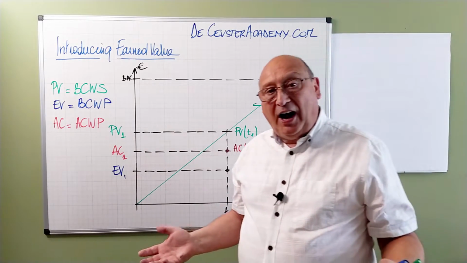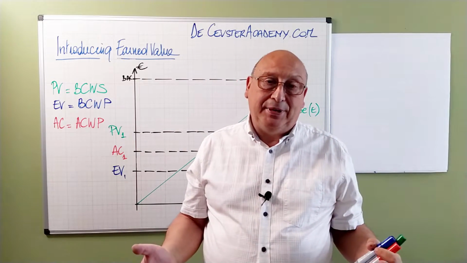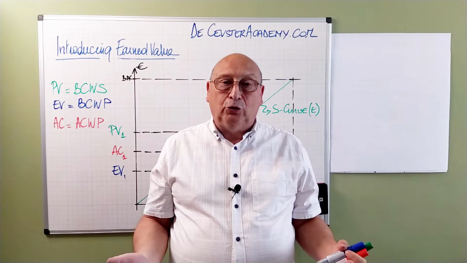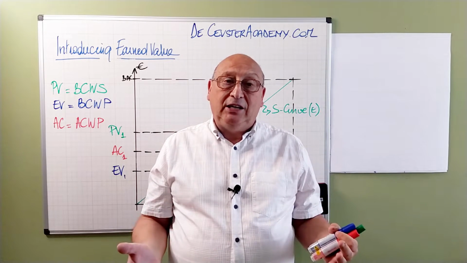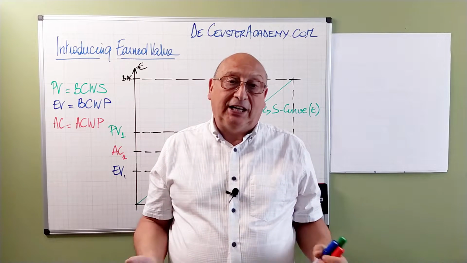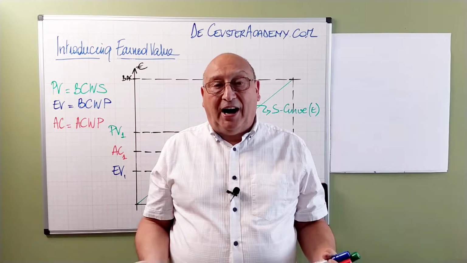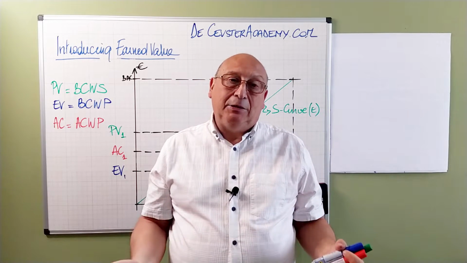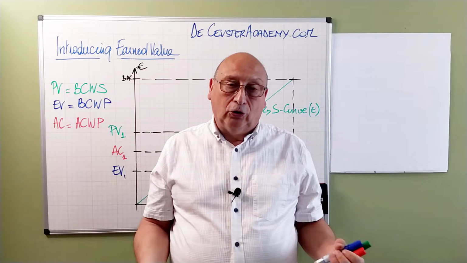So now we defined the three basic parameters of earned value management, and we can continue with those to see what we can do with that information. How will we use that information to provide more detailed explanations and estimations to our stakeholders?